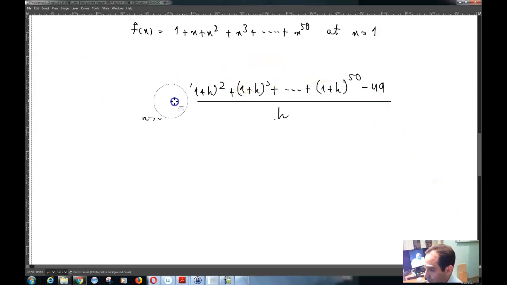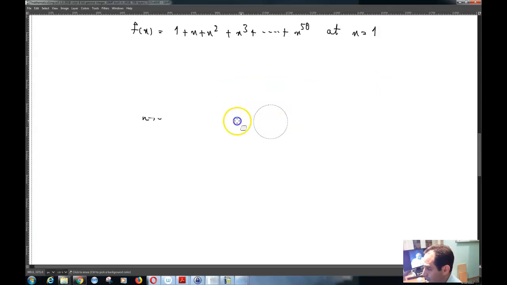So now let's use the other way of solving this problem. Basically d by dx of f of x is going to be equal to the derivative of each of these added together.